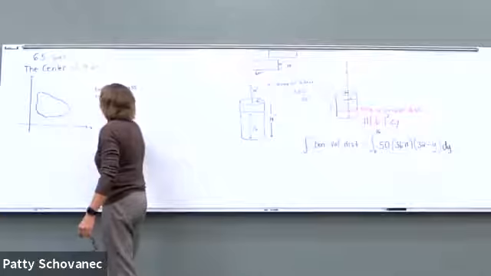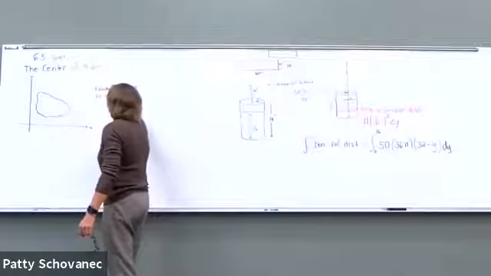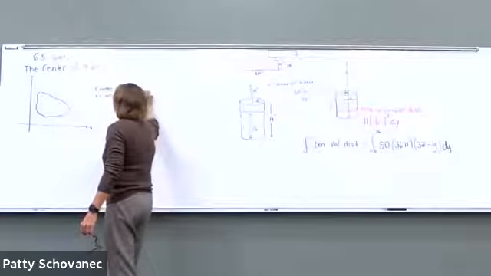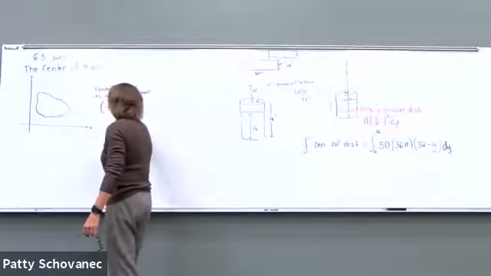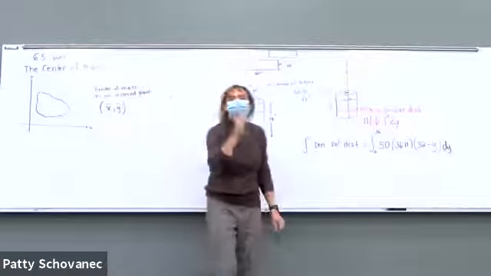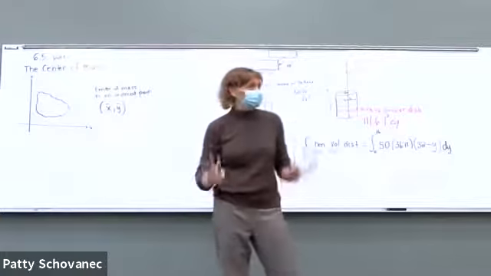The center of mass is an ordered pair, denoted x bar, y bar. Typically, we use the little bar over the variables to denote an average. So that's what it's going to be.